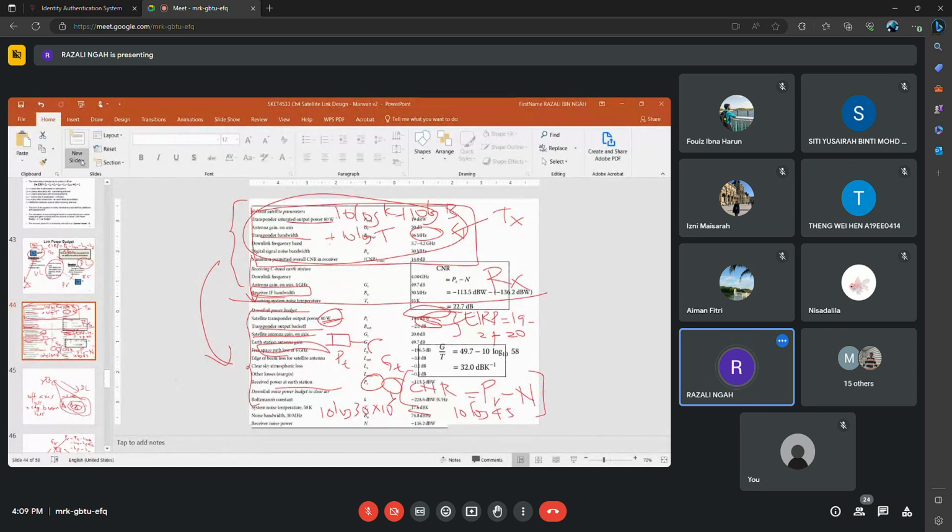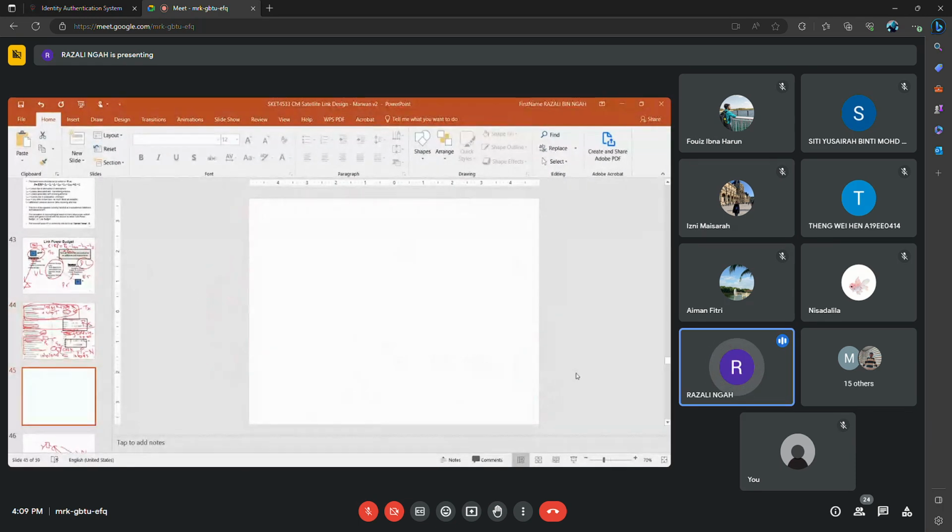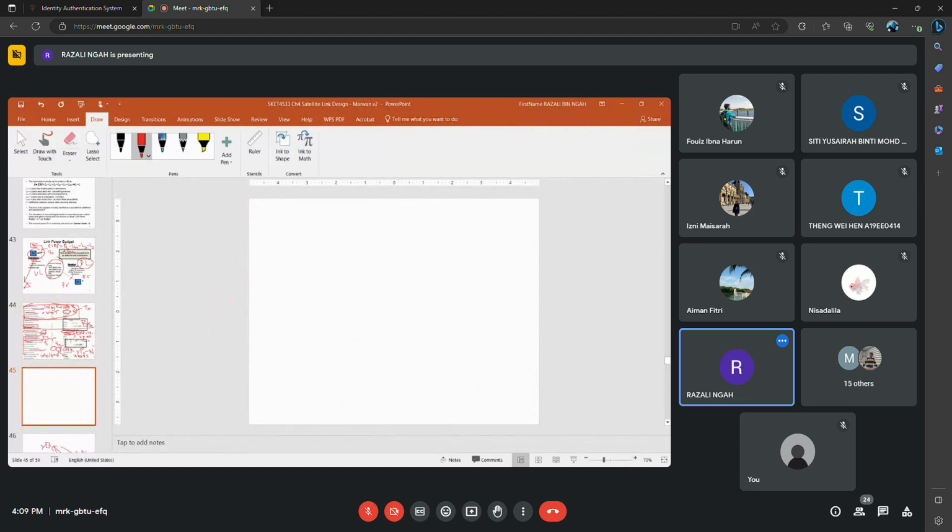Let me add one blank slide. So let's say PT of a transponder is not given. You are given the downlink CNR, they say it is 20 dB.